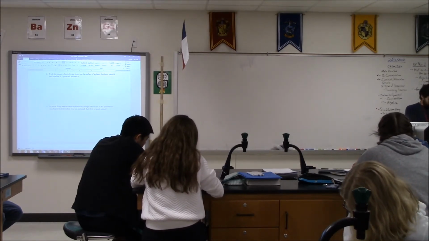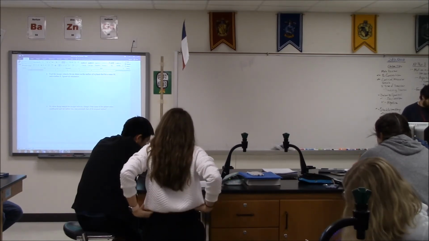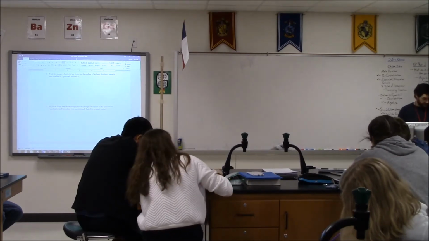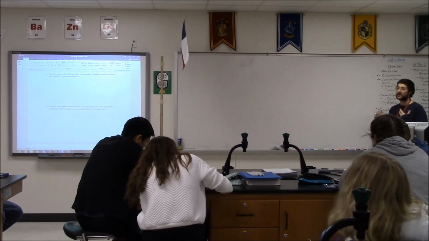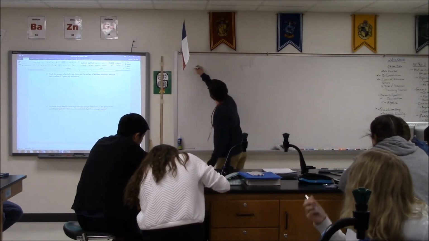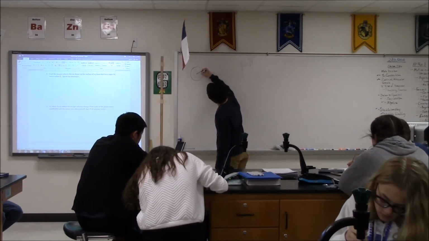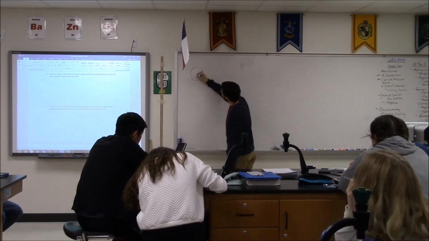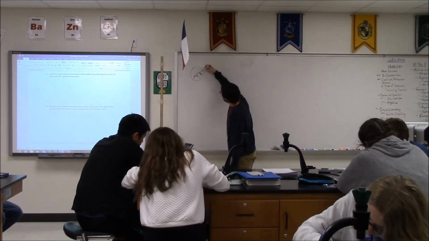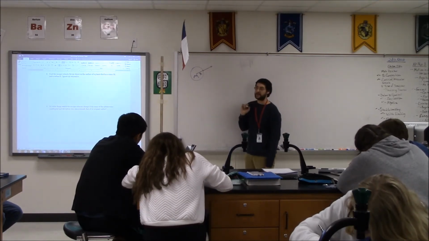Alright, so find the escape velocity for an object on the surface of a planet that has a mass, capital M, and a radius, capital R. Ignore air resistance. Since we're ignoring air resistance, that means conservation of energy can be applied, right? So, let's say this is our planet right here, with radius R and mass M. Some object is going to be launched into space off of the surface of the planet.